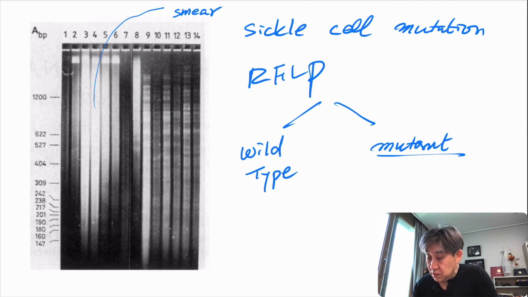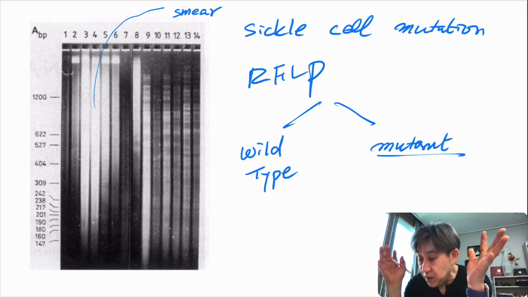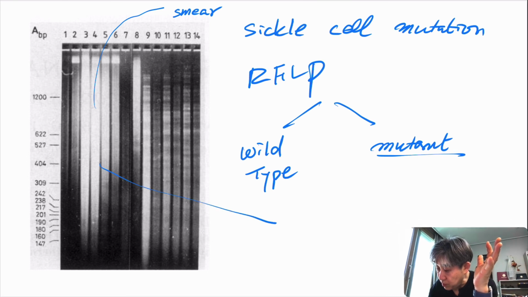Then the question is, where is Waldo? How do you identify that relevant 3 DNA fragments that represent the area of the beta globin gene fragment?